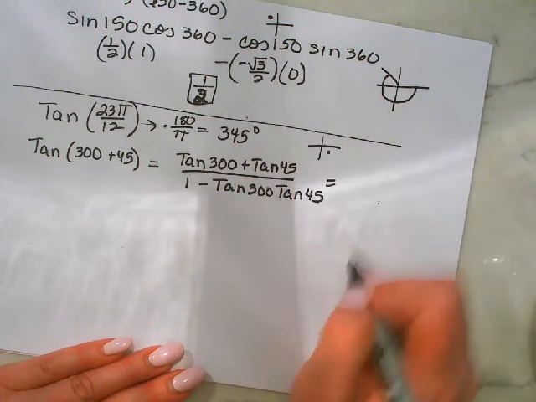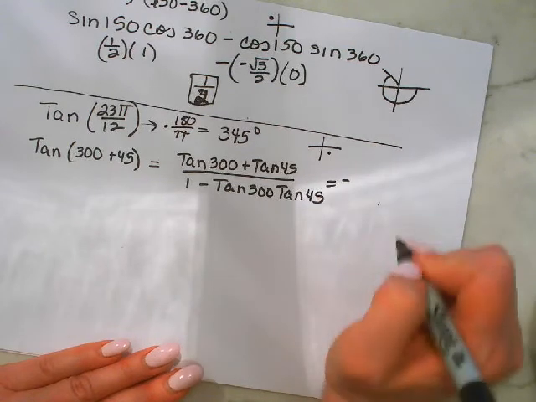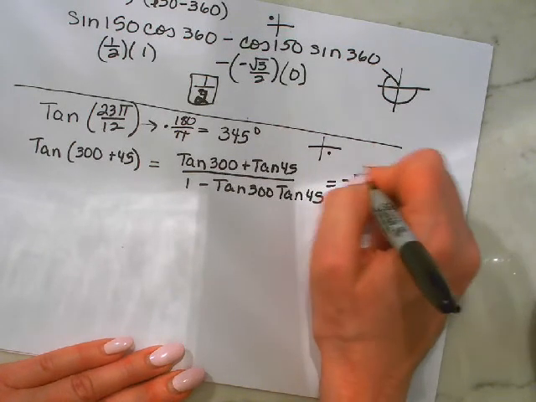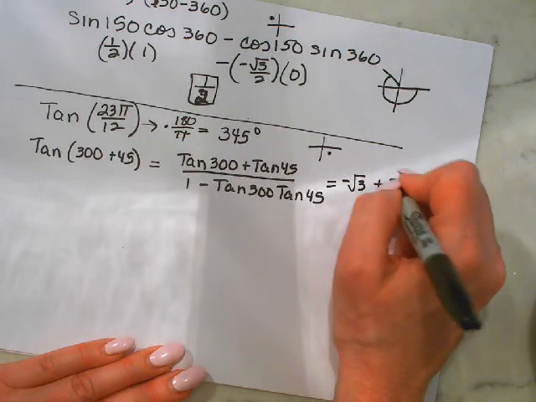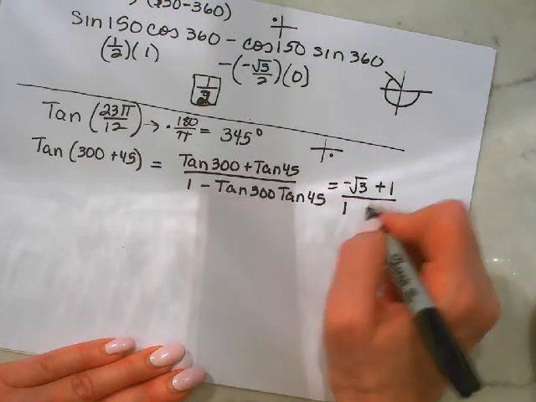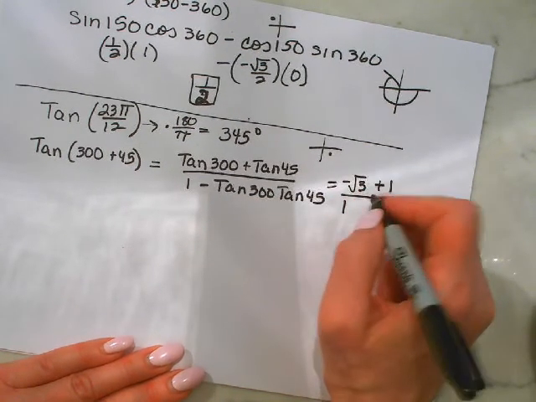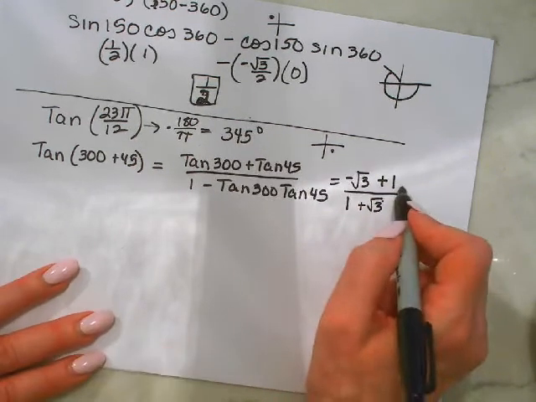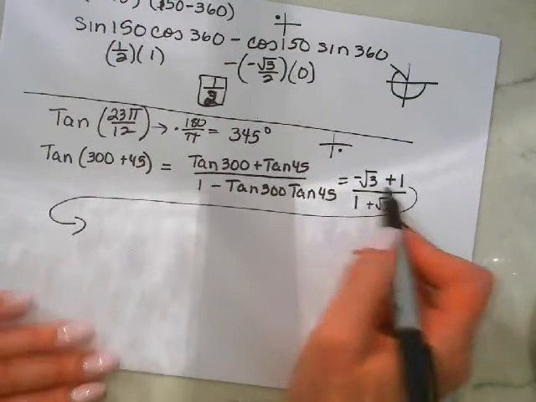Tangent of 300. Okay, 300 is in quadrant 4, so it's negative. The reference angle is 60, so it's negative radical 3. Tangent of 45 is 1 over 1, and if I multiply those together, as I'm supposed to do here, a negative times a negative becomes a positive radical 3.